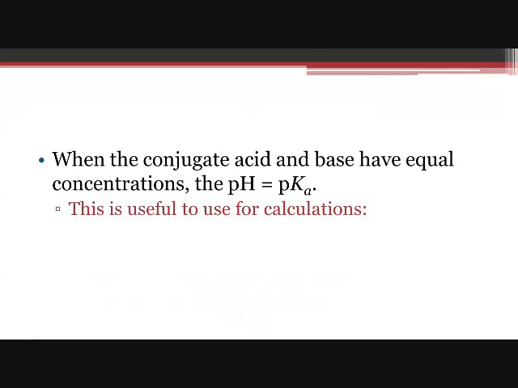Okay? So how this is useful, less work makes the dream work, is if you know that you are at the half equivalence point and you know what the Ka value is, all you have to do is take the negative log of that, and that would give you the pH at that point. You don't even have to do anything about the moles. It's all just simple and straightforward there.